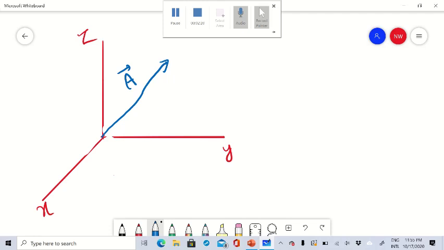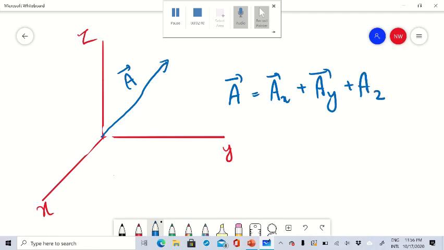Once it is resolved in the x, y and z axes, we can write vector A as Ax plus Ay plus Az, right?